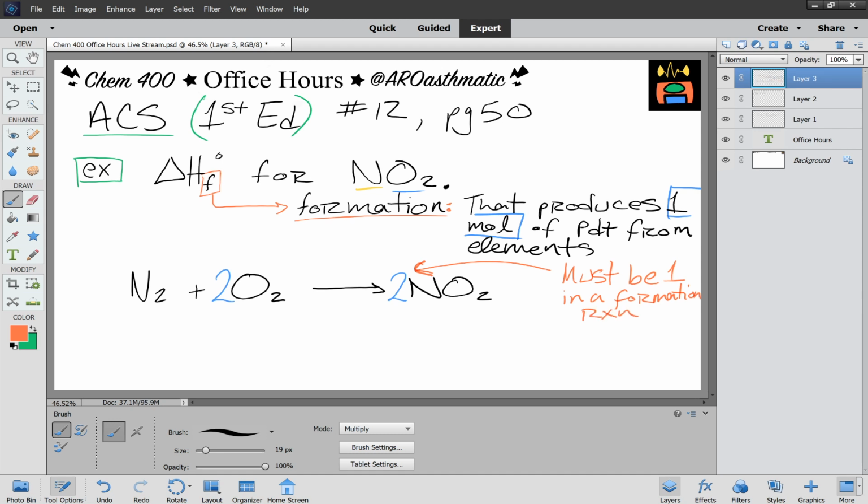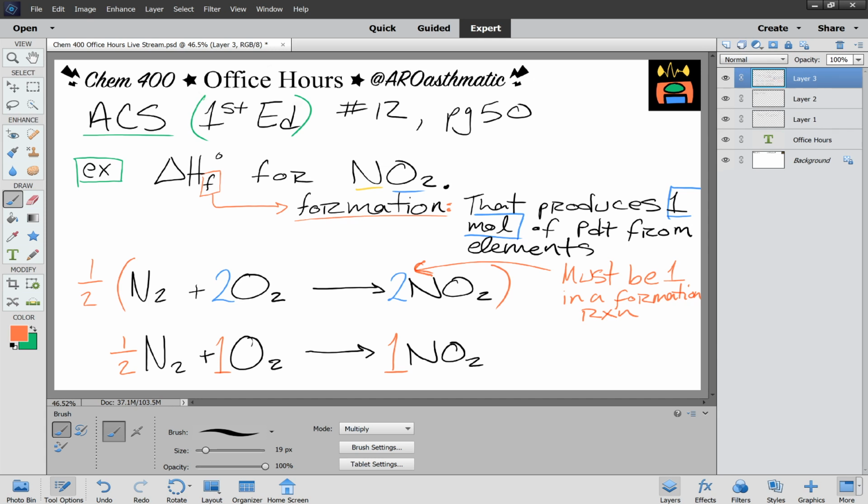To make that coefficient 1, we need to multiply our entire reaction by 1/2. When we do this, we get 1/2 N2 plus O2 produces NO2. And again, just to be emphatic here, I'm going to write in the 1s for the stoichiometric coefficients. So this is the balanced chemical equation for the formation reaction.